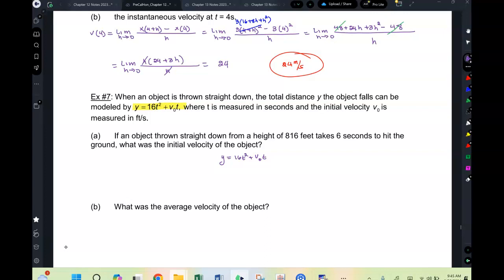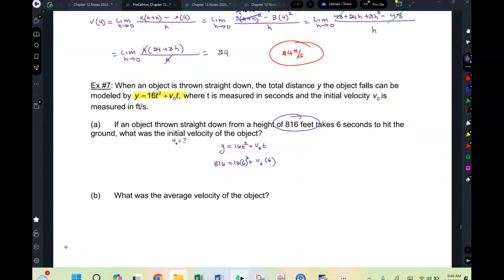The initial velocity is v naught, that's what we're solving for. And then the height is 816. So we put in 816 equal to 16 times 6 squared plus v naught times 6.